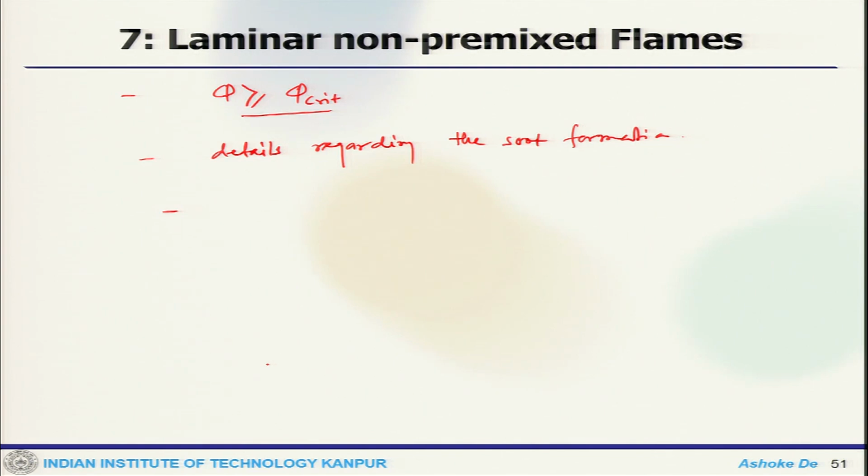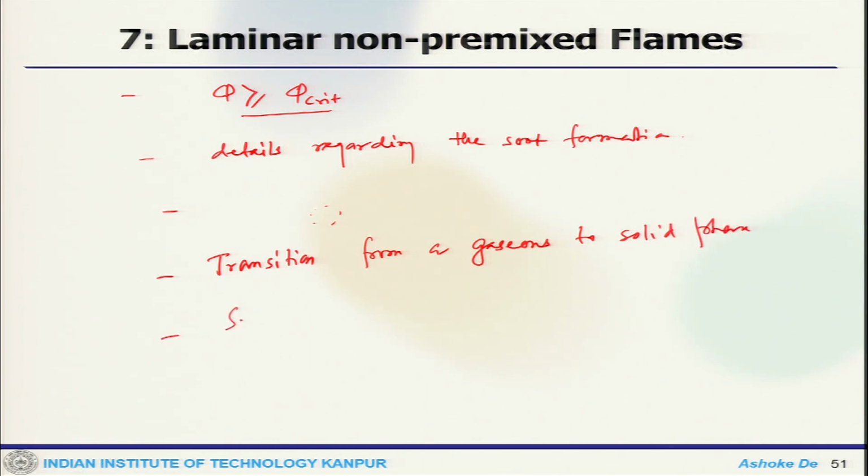So in a nutshell, you get carbon particles at the end of the combustion process, and there is a transition from gaseous to solid phase.